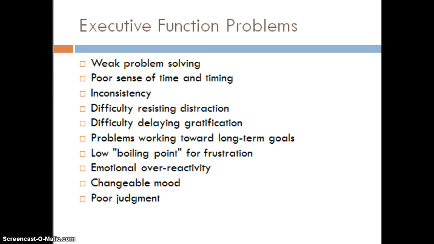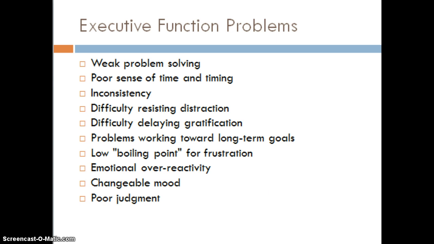Executive function problems. What is executive function? Well, it's really the decision making processes that go on in the brain. So after we receive input through our senses, we have to make a lot of decisions about what to do with that information. So if there are problems in executive function, or that decision making process, you're probably going to see students who aren't able to solve problems easily.